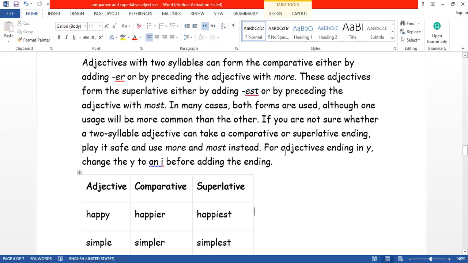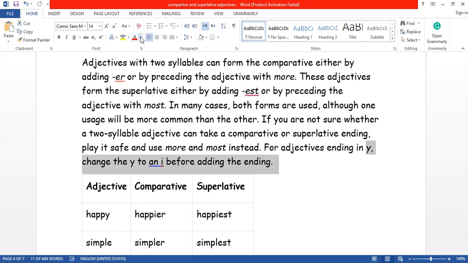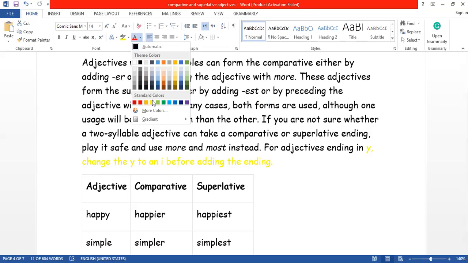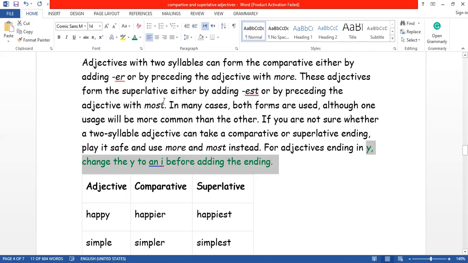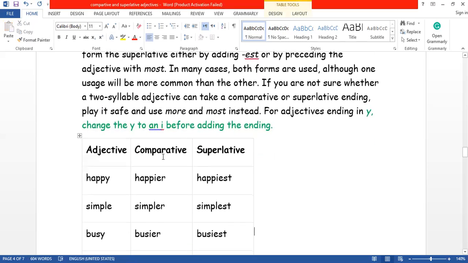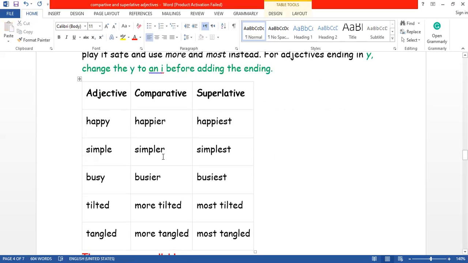And here we have a note for adjectives ending in Y. So we change the Y to what? We change the Y to an I before adding the ending. See? Happy, happier, happiest. Simple, simpler. Sorry, we don't drop it, I'm just a little bit confused.